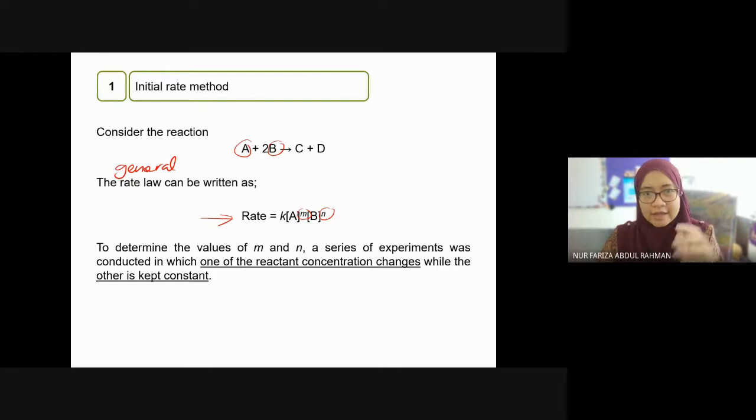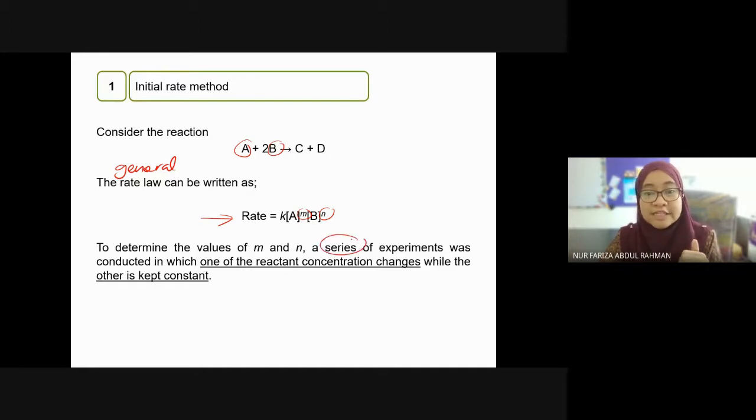Cara dia adalah, you will be given a set of data. Okay, alright, so how do you determine the order? Okay, so you are going to select the reactant yang berubah. Okay, you have a series of reactions: experiment 1, experiment 2, experiment 3, experiment 4.